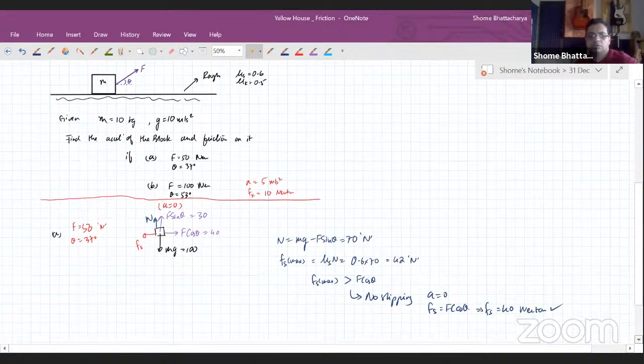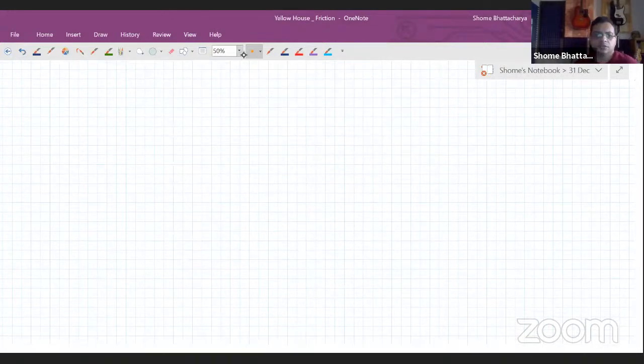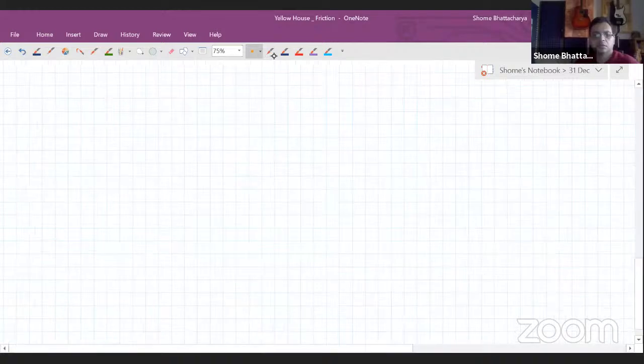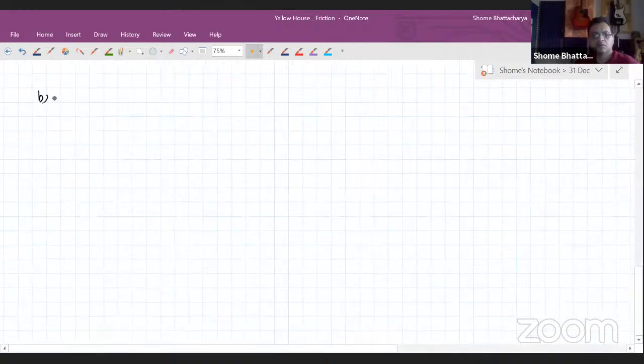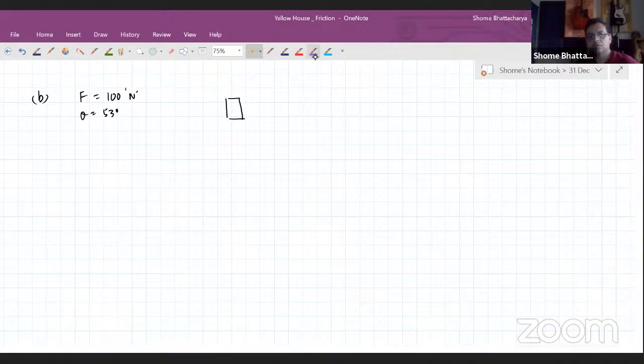Okay, so let's quickly go over this and finish this question. So now here we are applying the force of 100 newtons magnitude, but at an angle of 53 degrees to the horizontal. So the horizontal component of force, F cos theta, will this time become 60 newtons, whereas the vertical component will be 80 newtons.